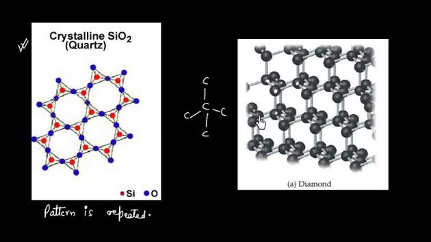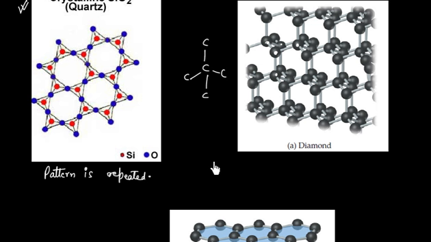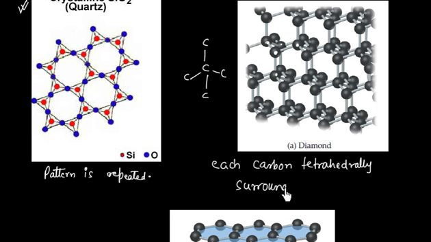So each carbon is surrounded by 4 carbon. So in diamond, each carbon is tetrahedrally surrounded by 4 carbon.